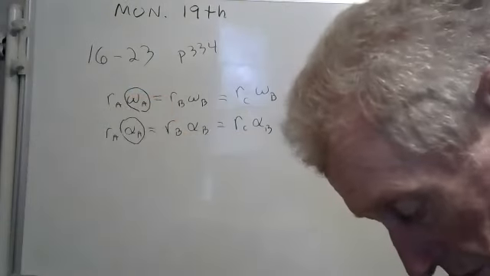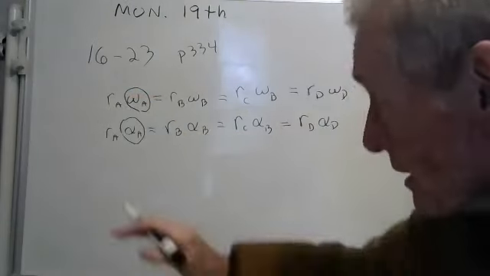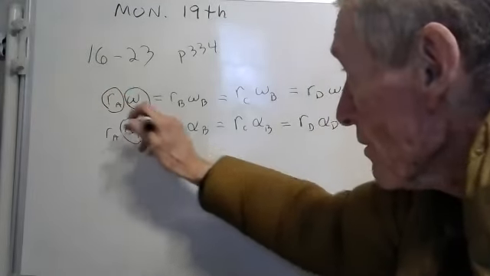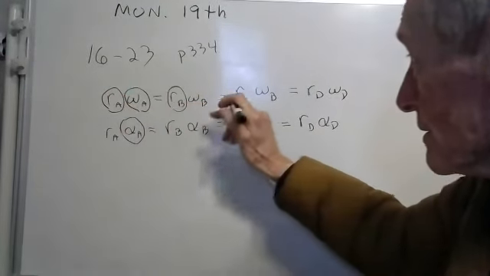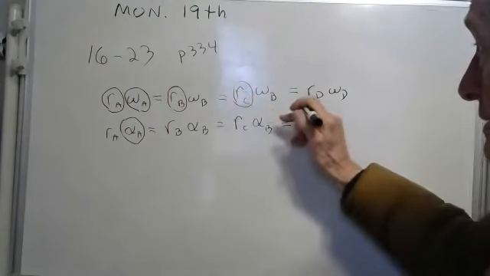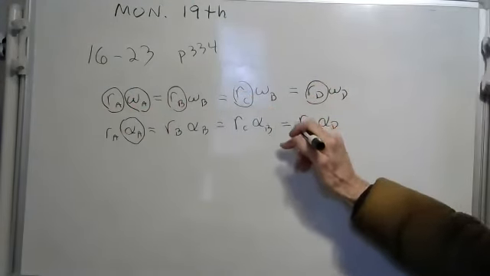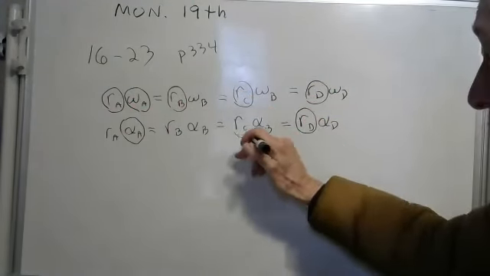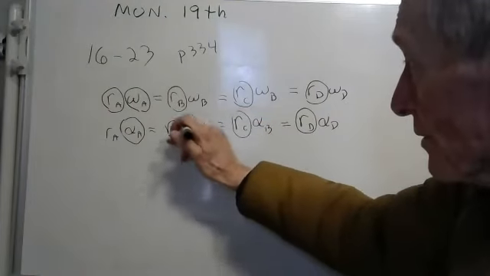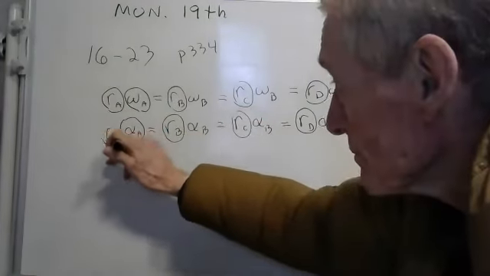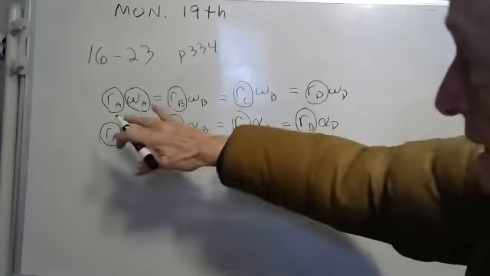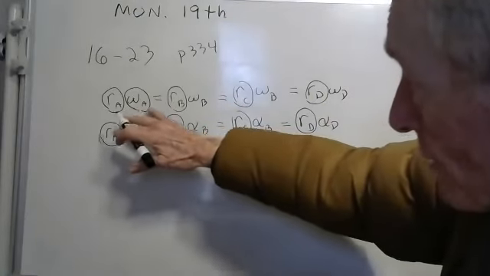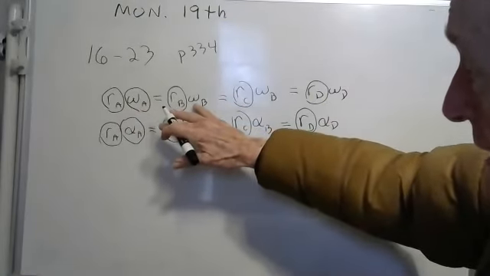Don't they give you all these radii? Yeah, look at here. They give you all of these radii. We know the radius of each one. No problema. If we know that and that and that, you can get that, can't you?